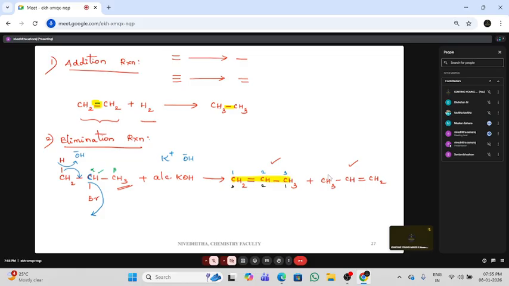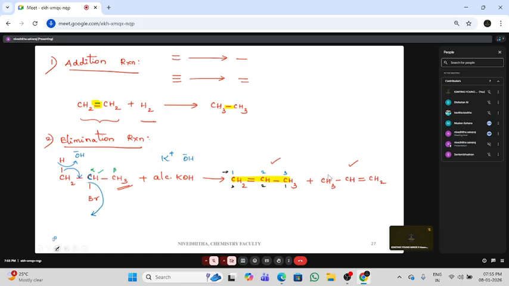Locant is nothing but the number I'm writing there. With the numbering from left to right, the double bond was between first and second carbon. In the second numbering system, the double bond was between second and third carbon. Which is right? This one is right, because the double bond is between first and second carbon and should be at the least locant.